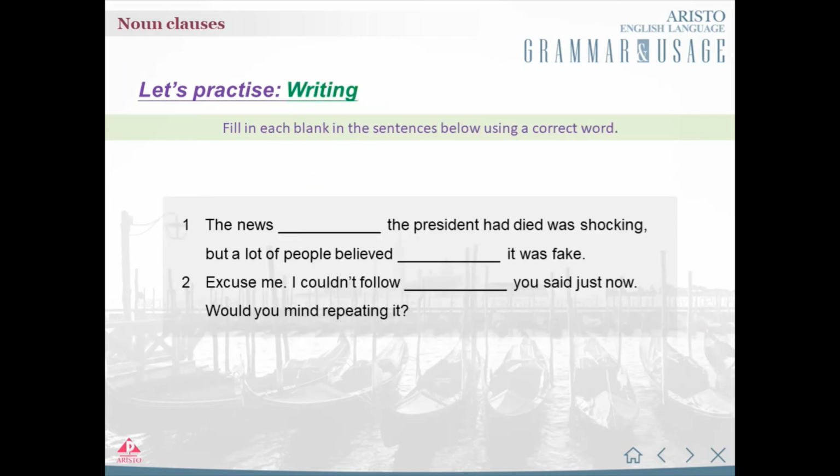Now let's practice writing. Fill in each blank in the sentences below using a correct word.